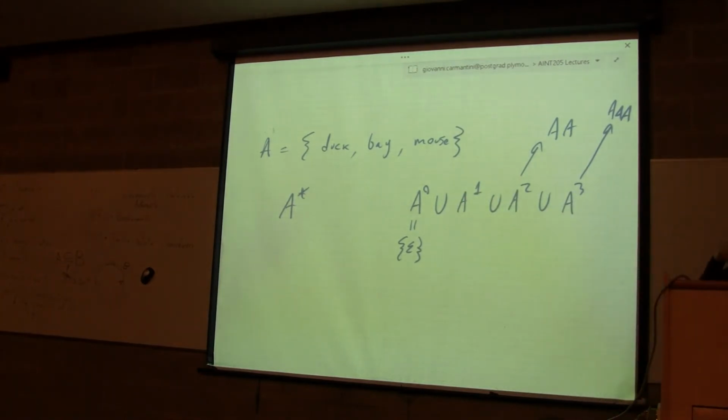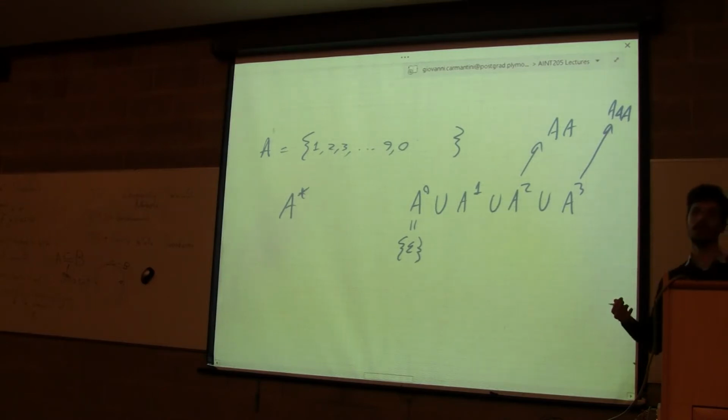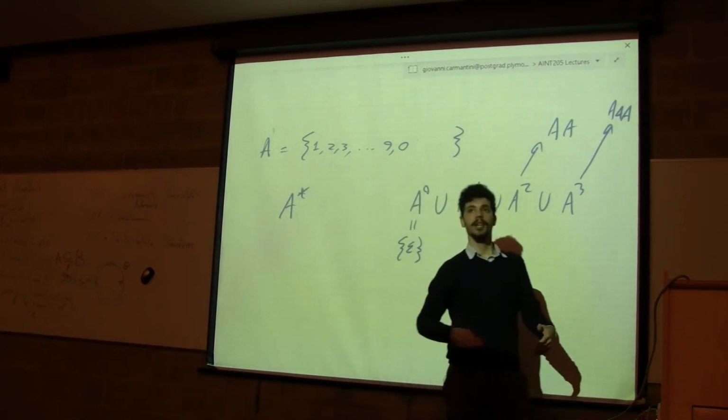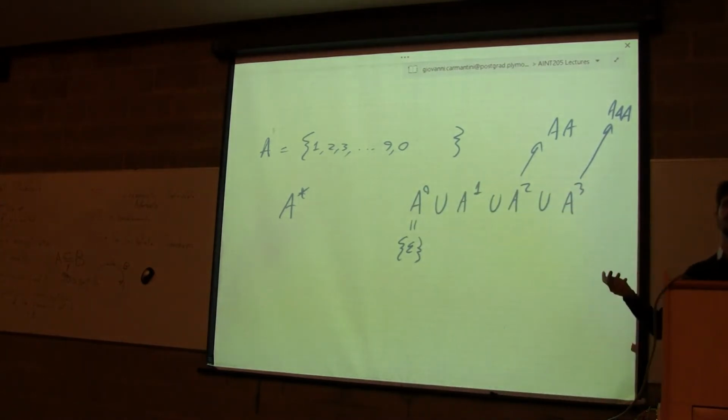Can you give an example of doing that with numbers as well? With numbers, yeah, of course. I have a nice example. 1, 2, 3, blah, blah, blah, 9, 0. This is a set of all digits. So if I do the Kleene star on this set, what I get is the set of all positive numbers, plus the empty string.